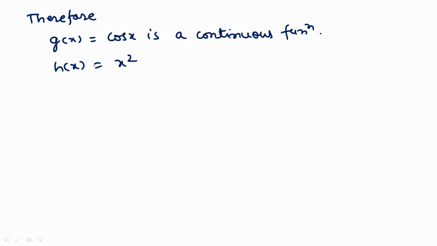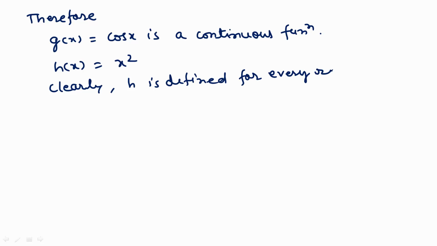Clearly h is defined for every real number. Now I am going to prove that h(x) is equal to x square is a continuous function.